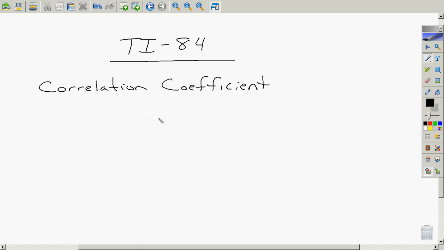And a correlation coefficient will be a number that you'll get. It'll be between -1, it's denoted by an R, and a 1. If the correlation coefficient is -1, that is a perfect negative correlation.